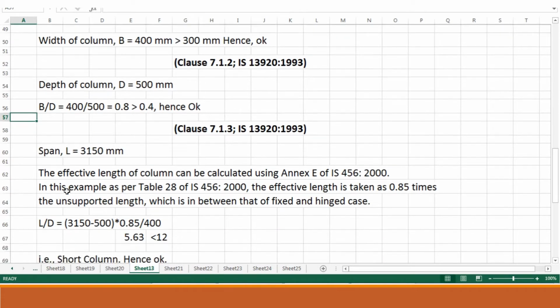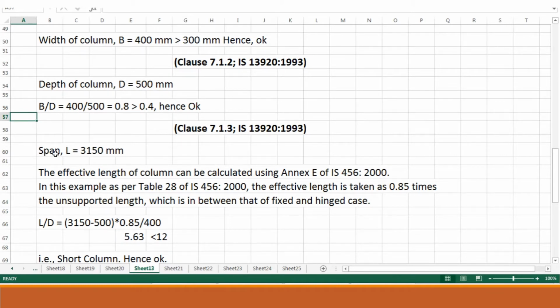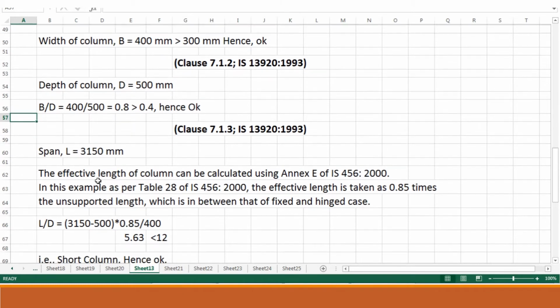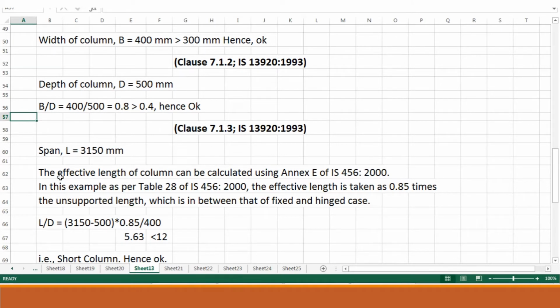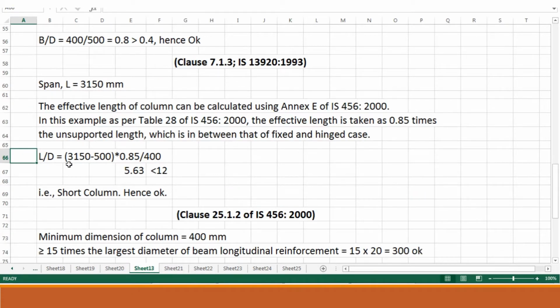Next comes the question of the span. The span of this column is 3150 mm. The effective length of the column can be calculated using Annexure E of IS 456-2000, the Indian Standard Code. In this example, as per Table 28 of IS 456-2000, the effective length should be taken as 0.85 times the unsupported length, which is in between that of the fixed and hinged case. Now the L by D ratio would be 3150 minus 500.